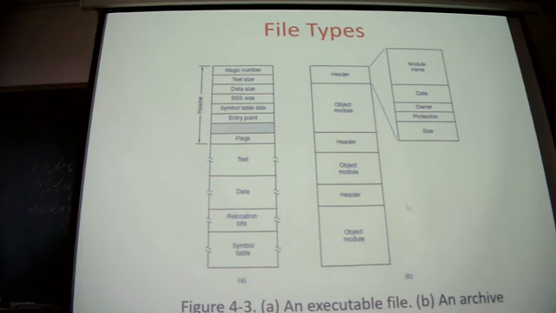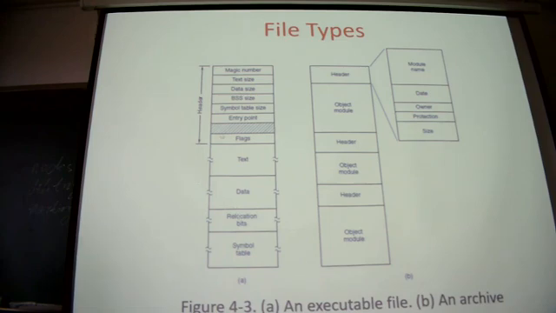There are two kinds of binary files. The first one is an executable file. The second one is an archive, but both are binary files. In an executable file, we can see there are five segments.